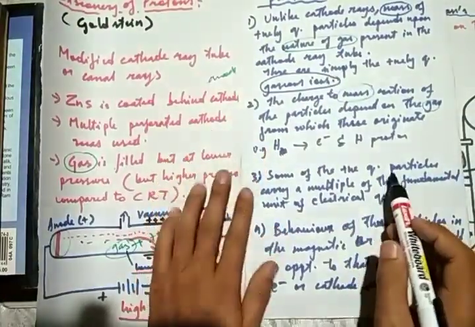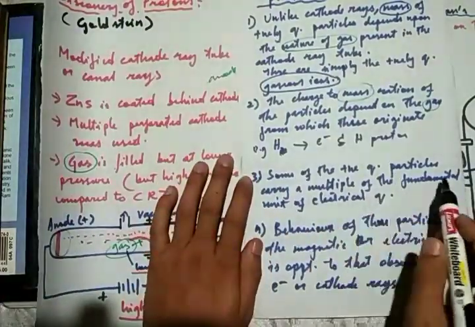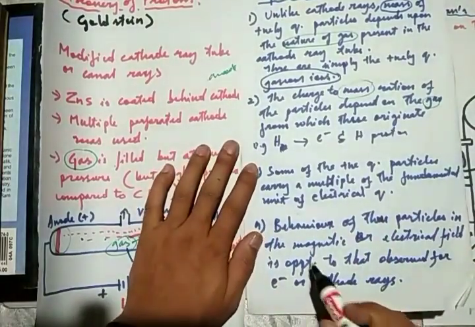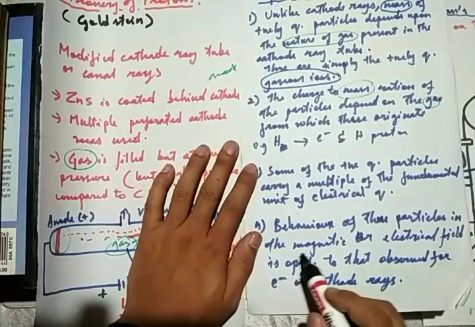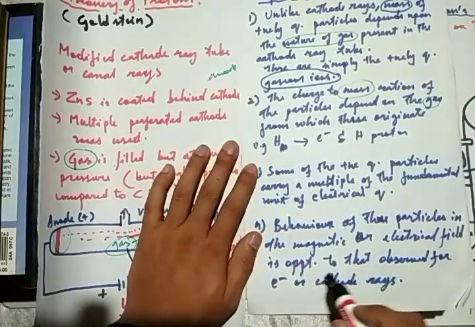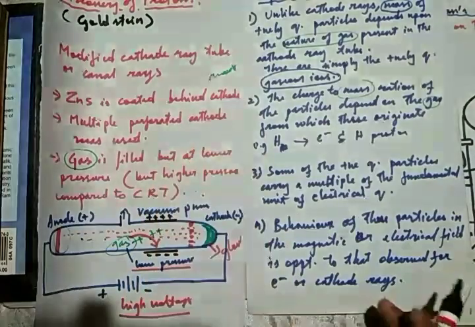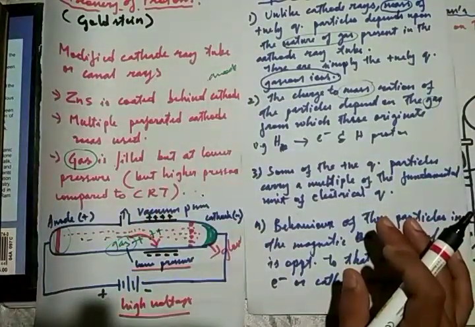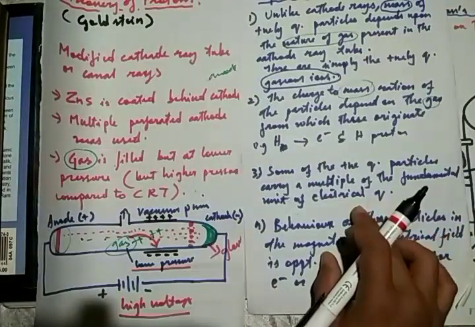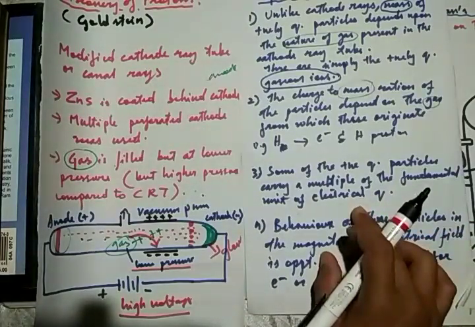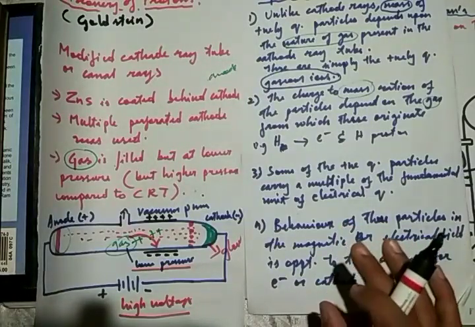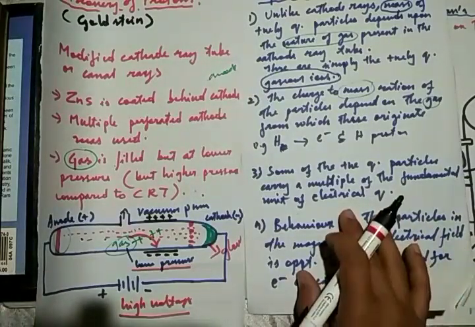Some of the positively charged particles carry a multiple of the fundamental unit of electrical charge. The behavior of these particles in a magnetic or electric field is opposite to that observed for electrons or cathode rays. So this behavior is completely different from cathode rays.